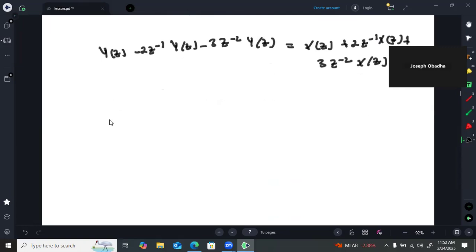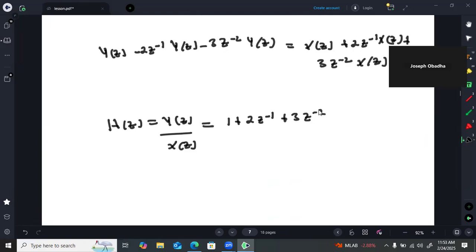So that means the transfer function H of z would be given by Y of z over X of z, which would actually be 1 plus 2z negative 1 plus 3z negative 2 over 1 minus 2z negative 1 minus 3z negative 2.